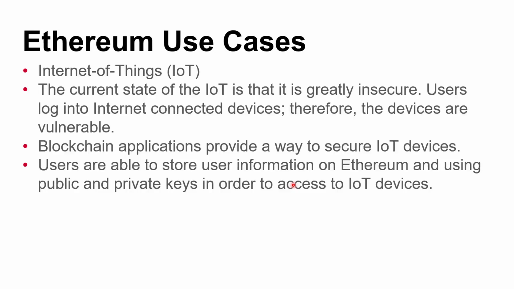So the devices on the Internet of Things are vulnerable. So blockchain applications provide ways for the IoT devices to log in and also disconnect. Users are able to store information on Ethereum or other blockchains using private and public keys in order to access the IoT devices.